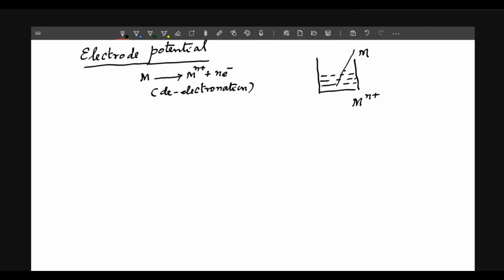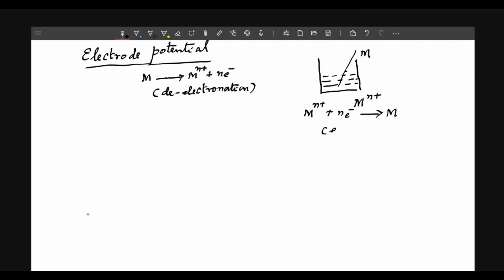Or the metal ion has the tendency to undergo reduction, Mn+ plus n electrons giving M. This we call electronation. That is, instead of reduction we call it electronation, and instead of oxidation we call it de-electronation.